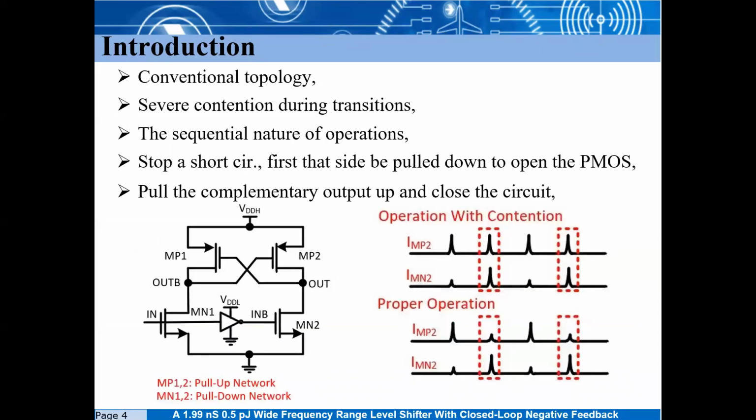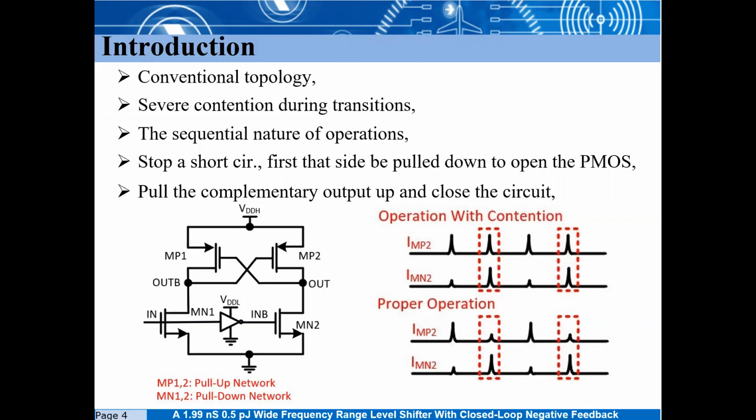The conventional topology of the level shifter suffers from severe contention during transition. It is particularly severe because of the sequential nature of operation of the level shifter.